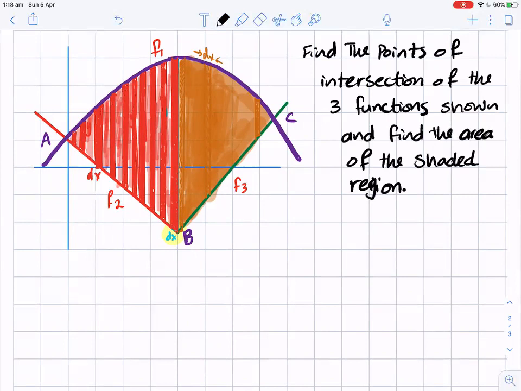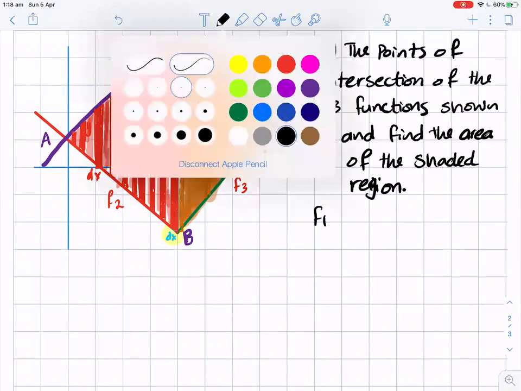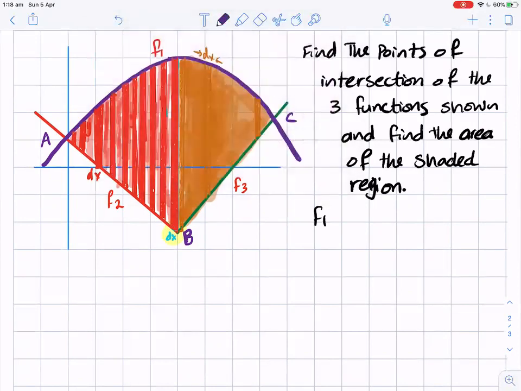So F1, which is the curve, is minus (x minus 20) squared over 30, plus 20.